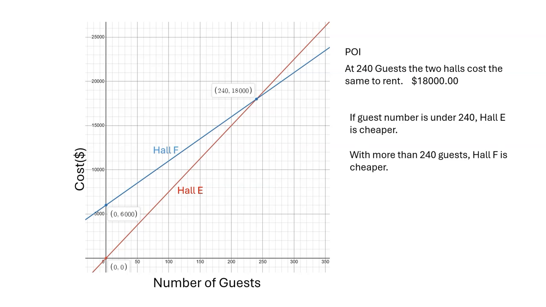For Hall F, the y-intercept is $6,000, which tells us that even though no guests would be invited, the cost of renting the hall would still be $6,000. However, the cost per guest is considerably cheaper for Hall F than Hall E. And it's not until 240 guests have been invited that both will be the same cost.